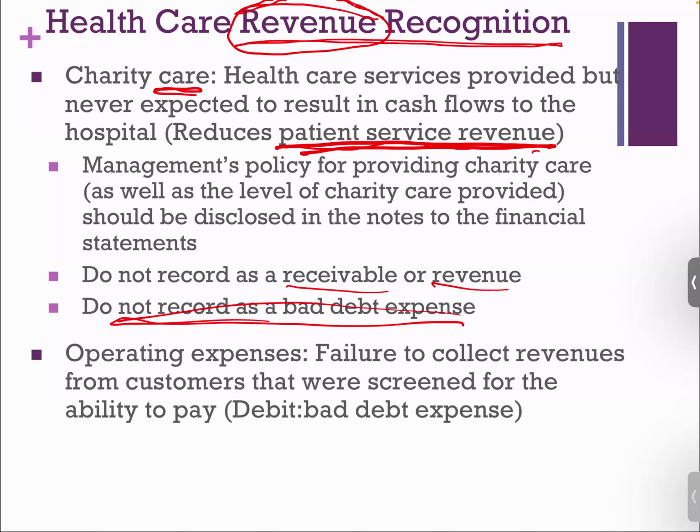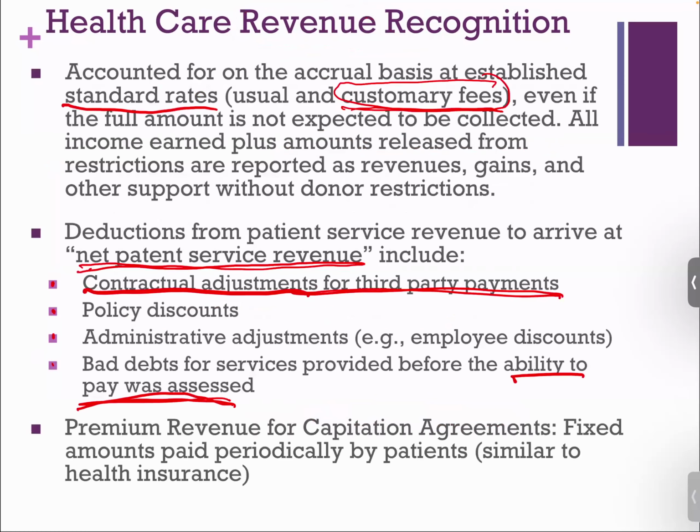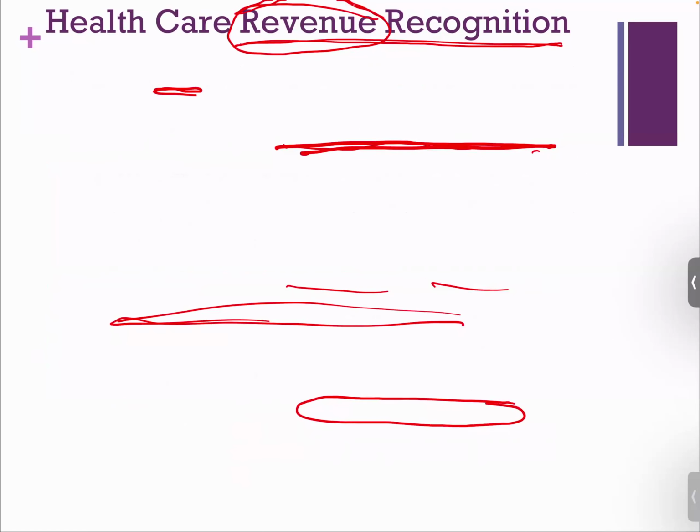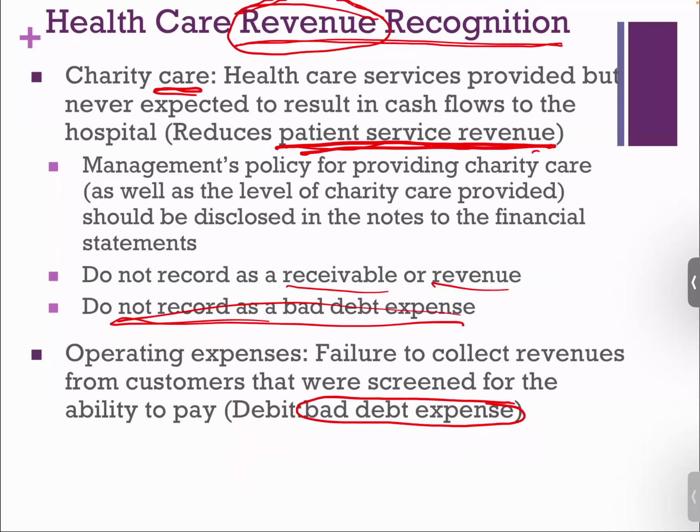Now, an example of bad debt expense. This is a little bit different than the reduction in net patient service revenue. The difference here is if we have screened the patient for their ability to pay, so we believe that they're going to pay.